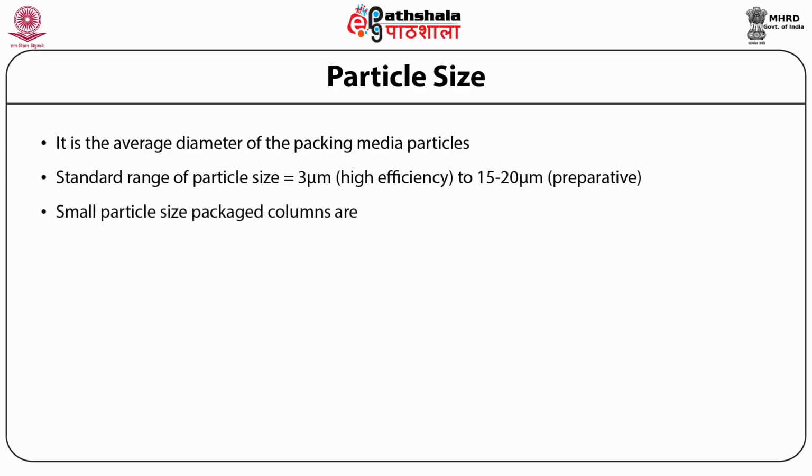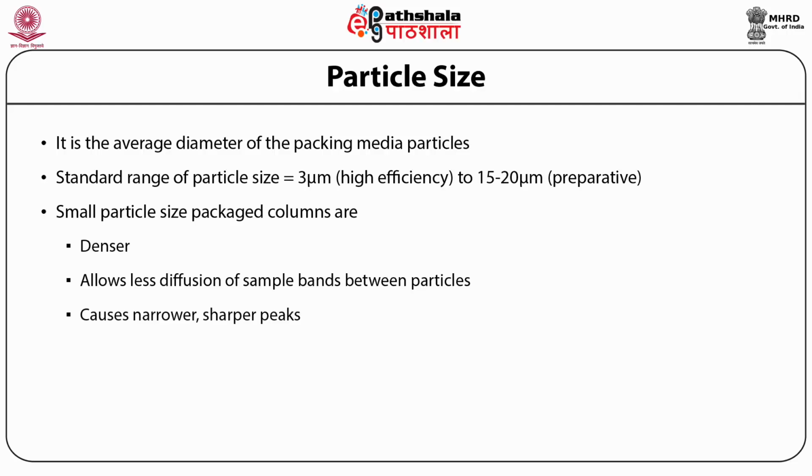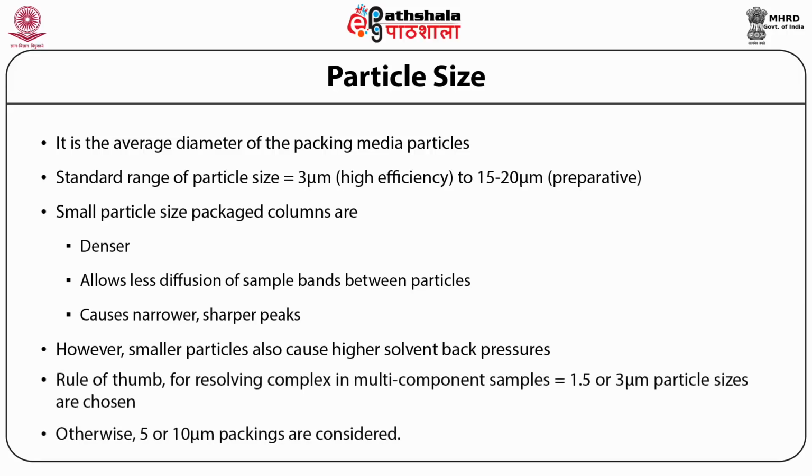Small particle size packed columns are denser, allow less diffusion of sample bands between the particles and cause narrower and sharper peaks. However, smaller particles also cause higher solvent back pressures. The rule of thumb for selection of particle size for resolving complex multi-component samples is that normally 1.5 to 3 micron particle size are chosen.